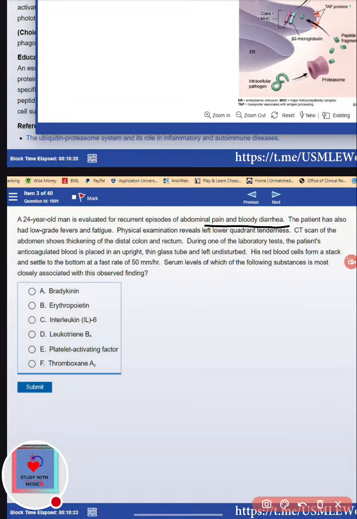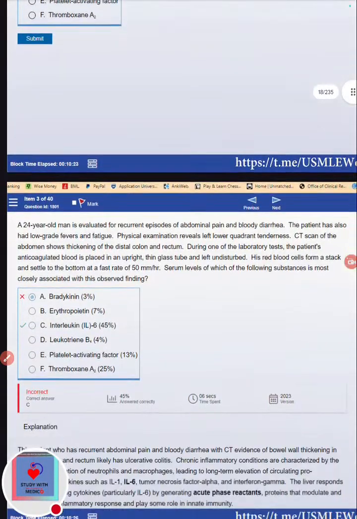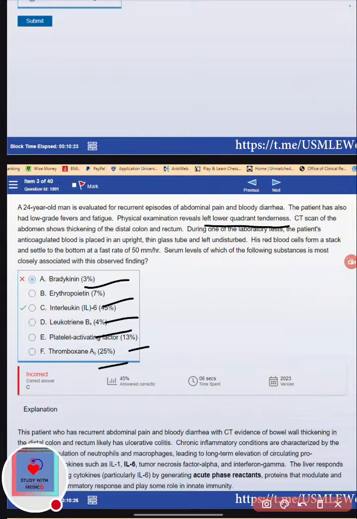Which of the following substances is most closely associated with these observed findings? The options are bradykinin, erythropoietin, interleukin 6, leukotriene, platelet activating factor, and thromboxane A2. His blood cells form a stack and settle to the bottom at a fast rate. So this is related to interleukin 6.